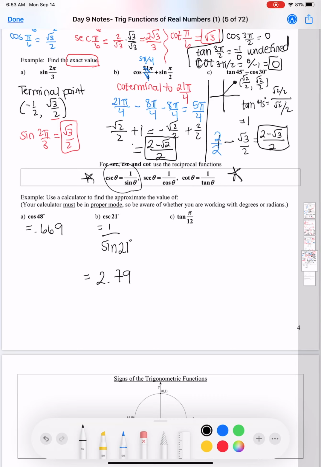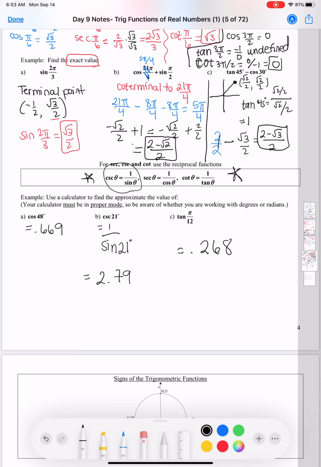You can do second, and pi is right above the up symbol under the clear button. So I'm going to do pi divided by 12, and we're going to get an estimated decimal of 0.268. Okay.